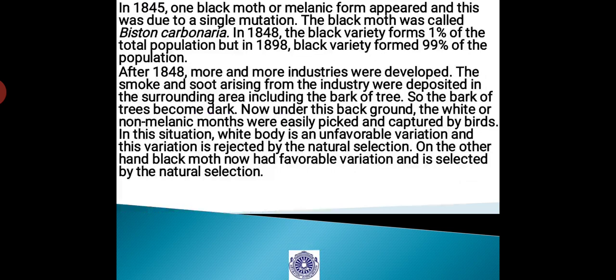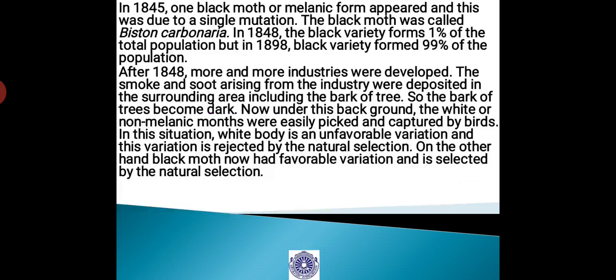In this situation, white body is an unfavorable variation, and this variation is rejected by natural selection. On the other hand, the black moth now had a favorable variation and is selected by natural selection.